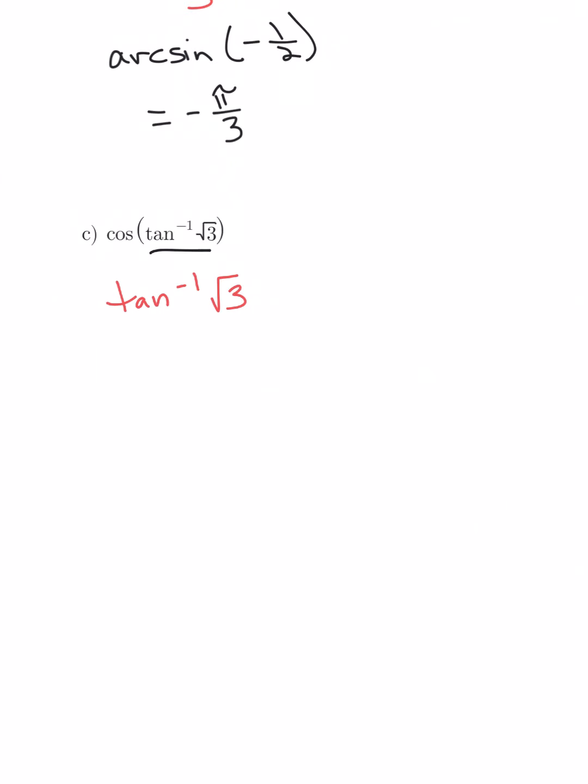If you put the y over the x, where do you get square root of 3? That happens at pi over 3. So now our problem becomes the cosine of pi over 3. Well, we know that the cosine of pi over 3 equals 1/2.